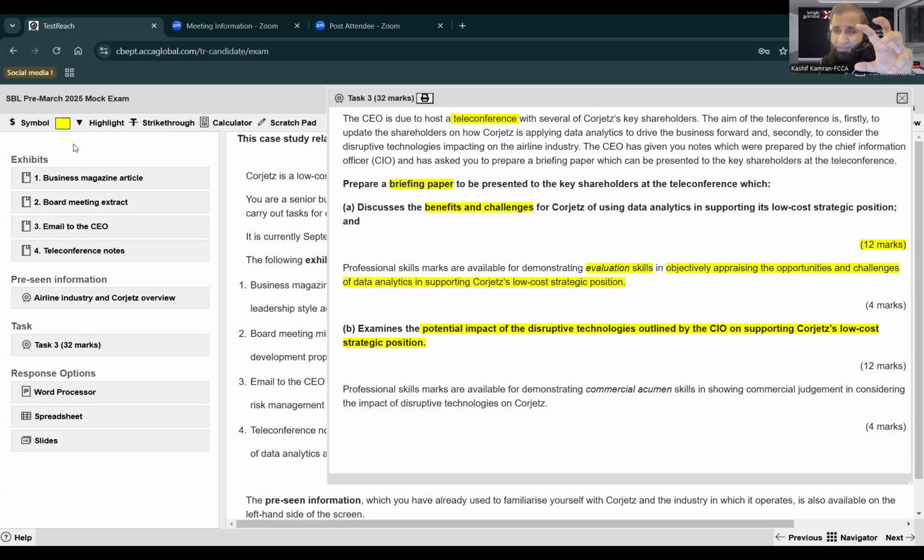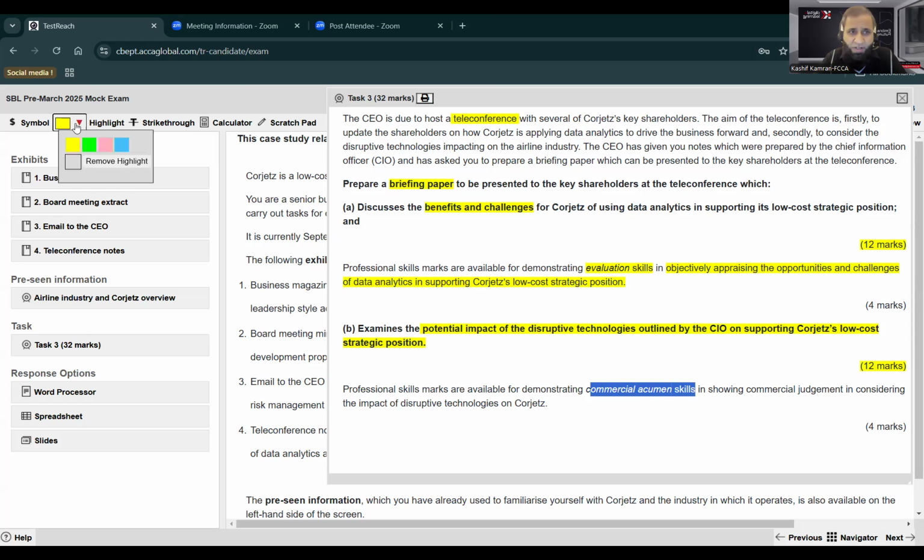So the impact could be favorable, the impact could be adverse. So we'll read through the disruptive technologies and we'll build up the answer for the potential impact. We have 12 marks. So again, dividing that by 2, we will be writing 6 potential impacts of the disruptive technologies. Professional marks are available for demonstrating commercial acumen skill.